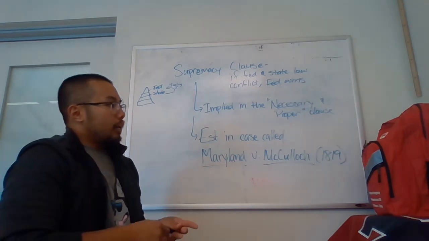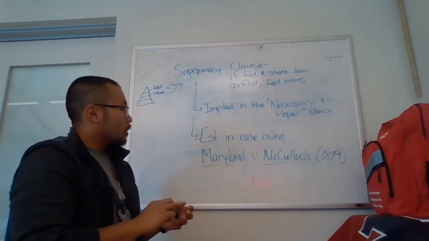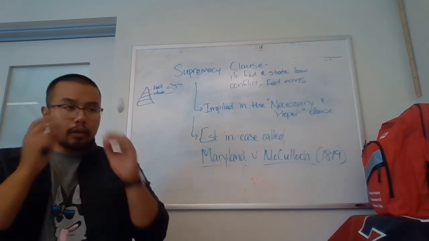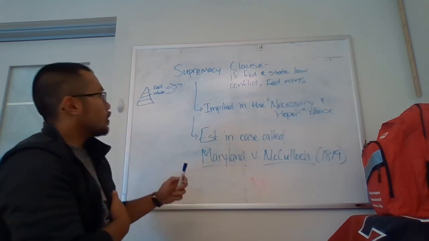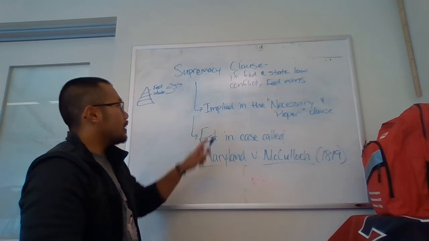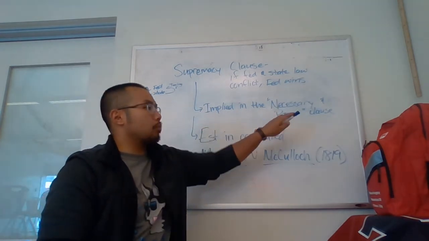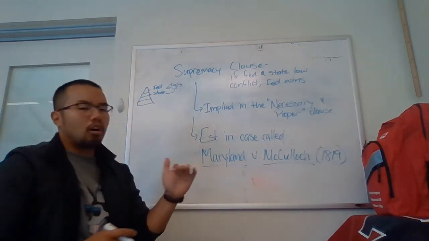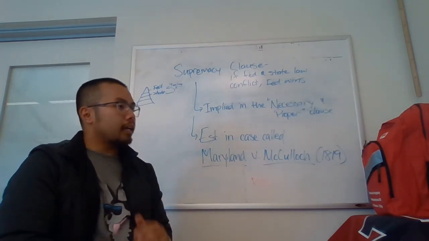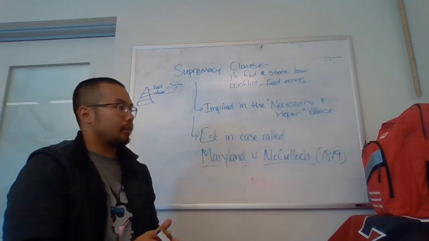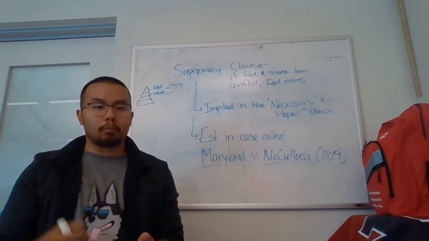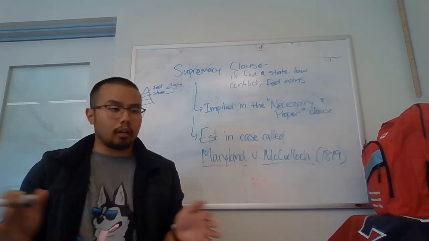And so it went to the Supreme Court, and in a nutshell, the Supreme Court said that there is something called a supremacy clause, implied in the necessary and proper clause, that federal law will always win against state law. The justification was that if there were exceptions, there is no point in the Constitution.